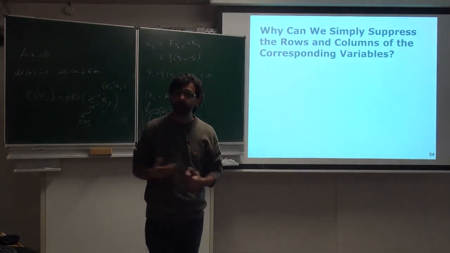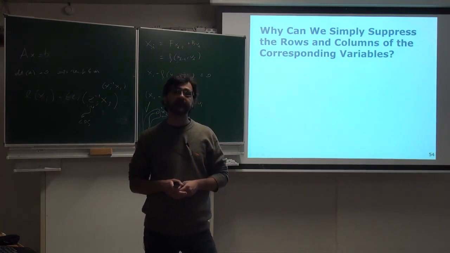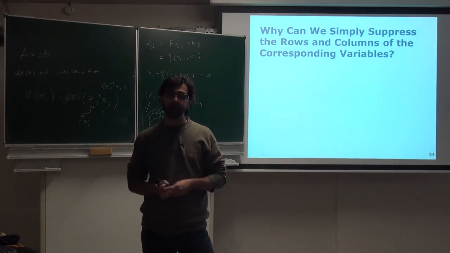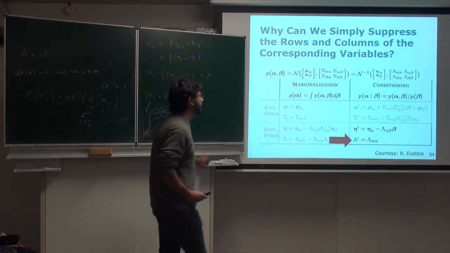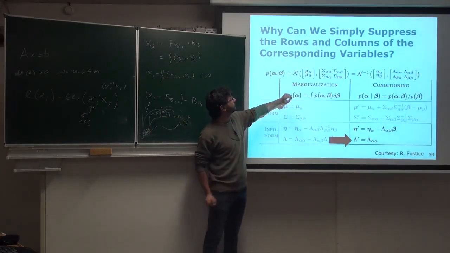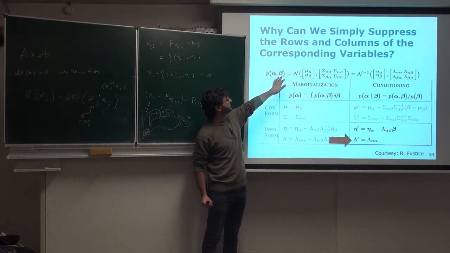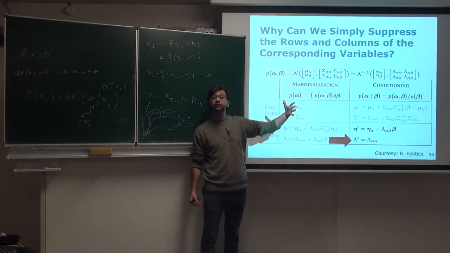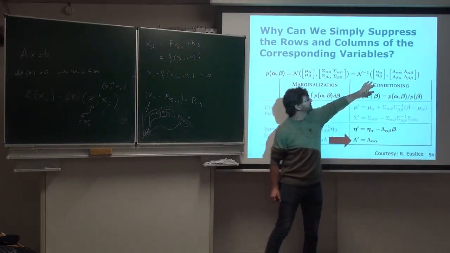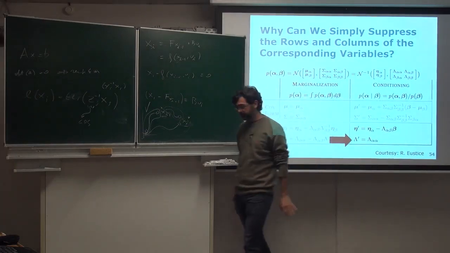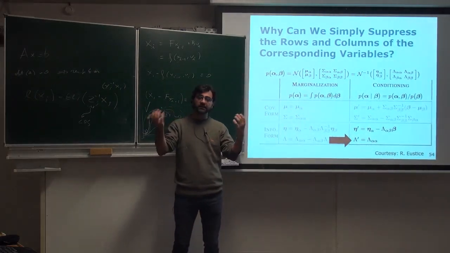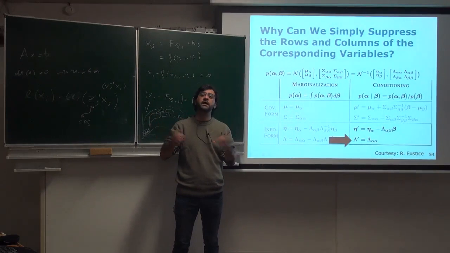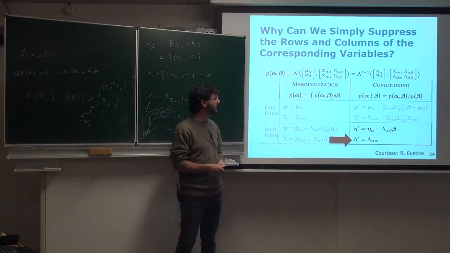And the question is, can we actually do it? So what is the implication on the system and on the SLAM problem when we do this? The implication is, if you go back to the Gaussian case that we've seen before, we are now in a situation like this. There is a connection between least squares and maximum likelihood, as we've seen also in the last lecture.